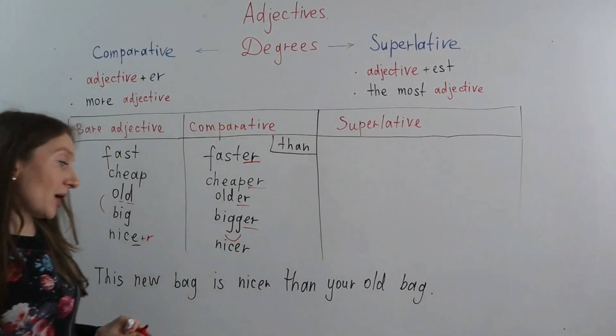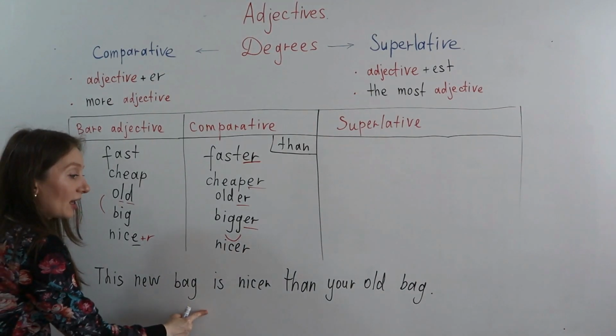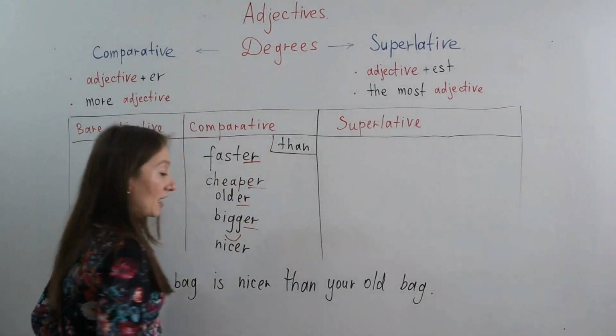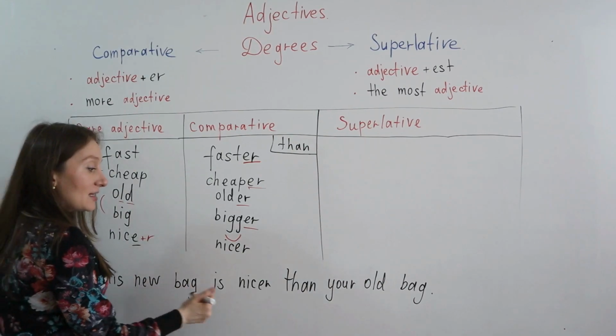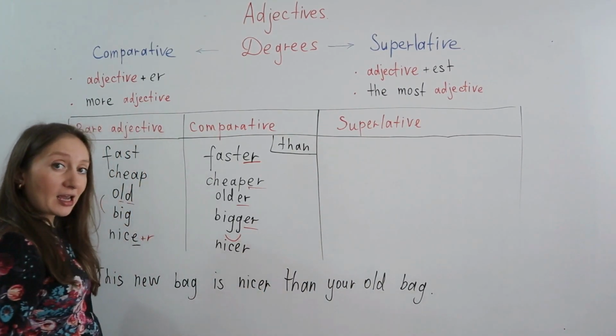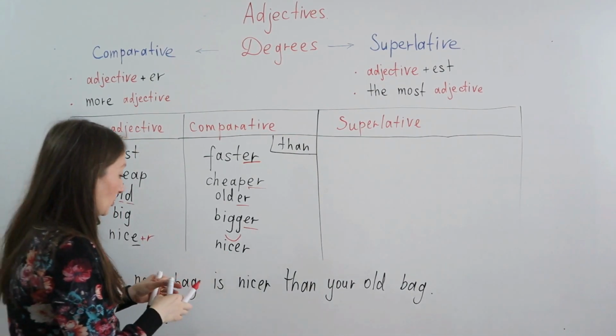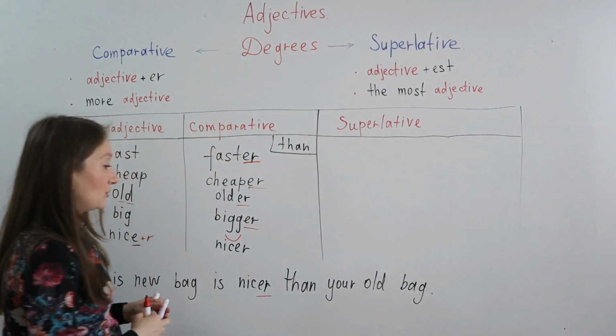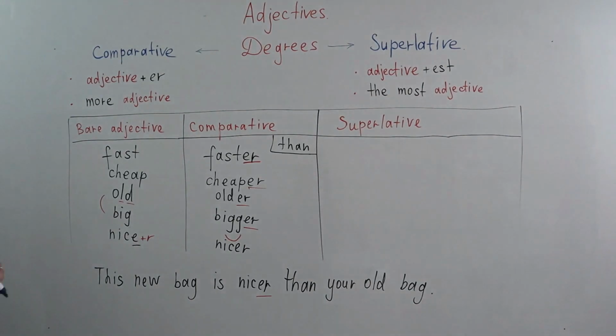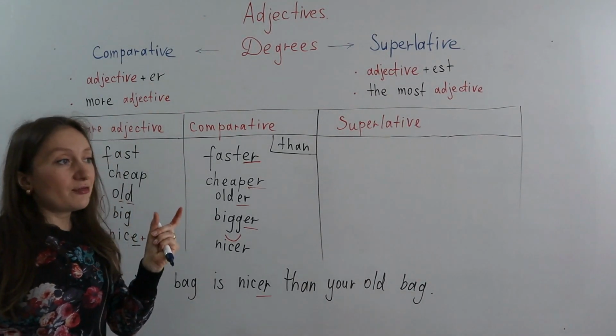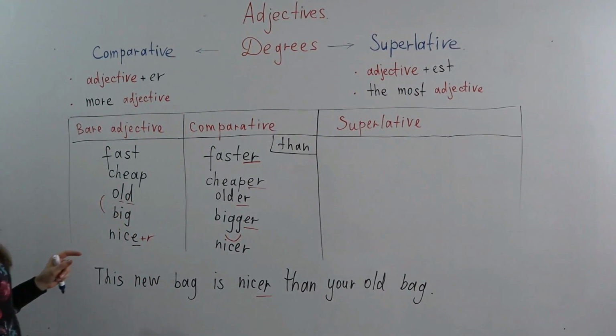So there is a comparison between new bag and old bag. And this new bag is nicer, right? It is more beautiful, like nicer, better, and so on. Nicer, right? And one more example with a different written rule.